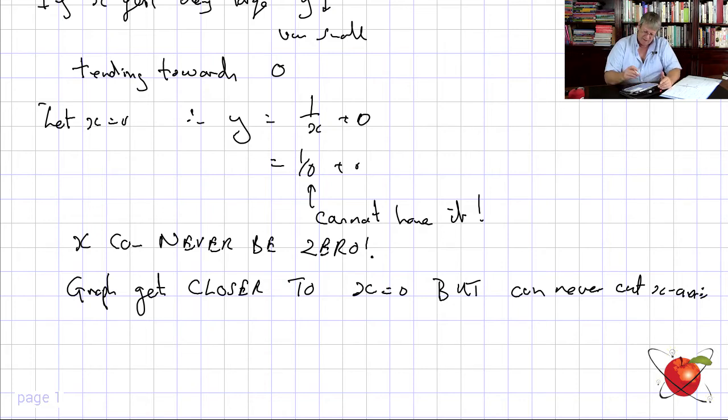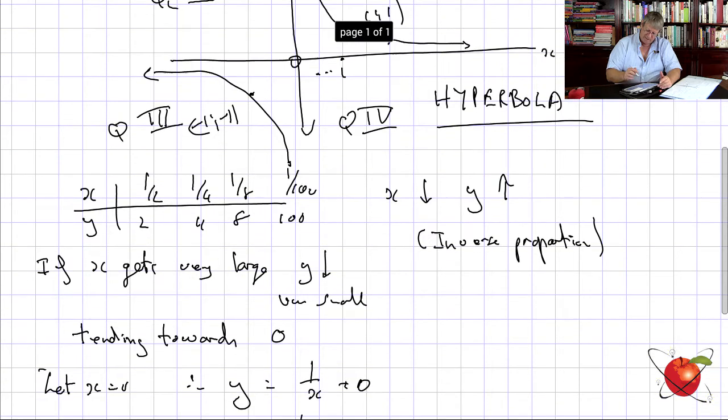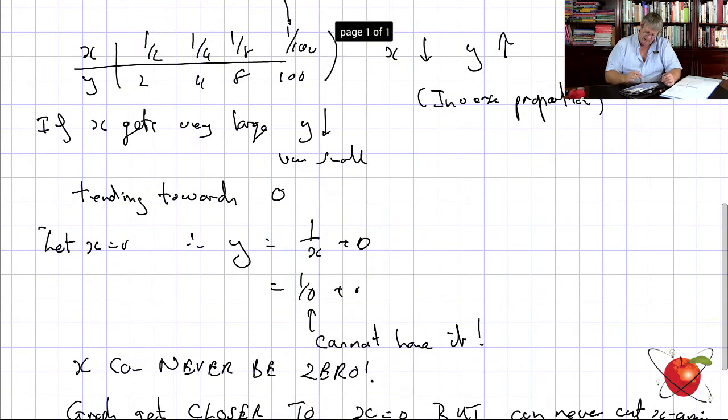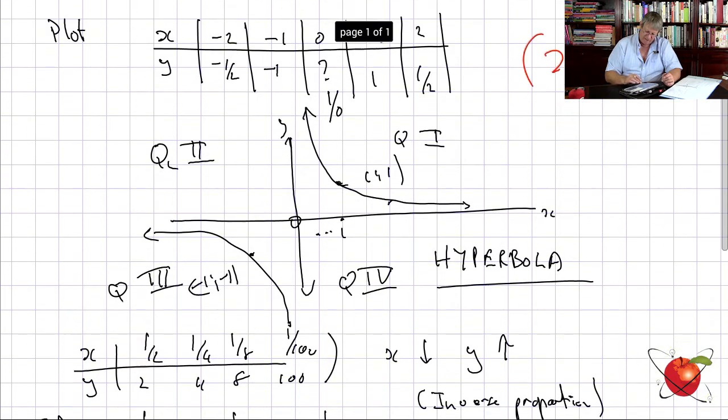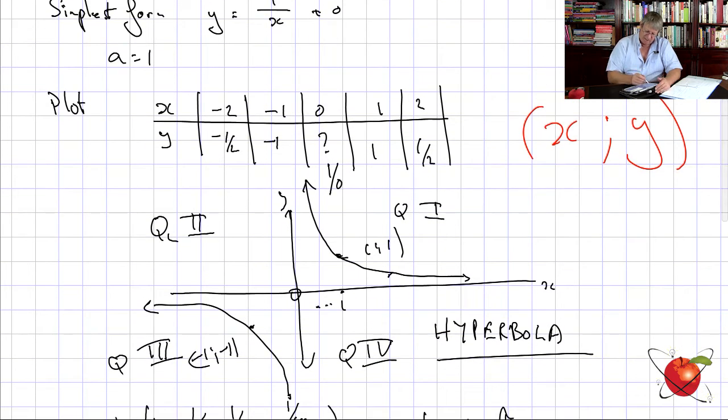You remember up here where I drew this? We did the fractions here, remember? Look at this one here. If x is a fraction, we did that. And we also said over here that it gets smaller as the other gets bigger, and vice versa.